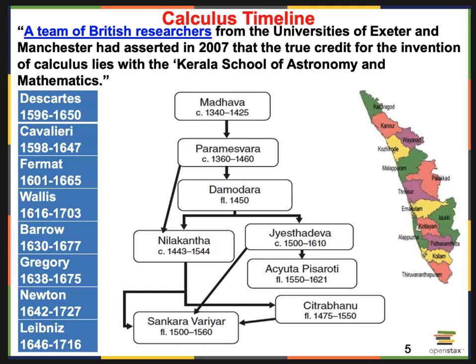And here's just a quick timeline. A team of British researchers from universities of Exeter and Manchester had asserted in 2007 that the true credit for invention of calculus lies in the Kerala School of Astronomy and Mathematics. And here we can look at the timeline of when we had Descartes, 1596 to 1650, Cavalieri, Fermat, Wallace.